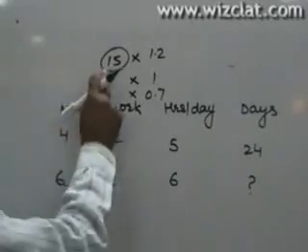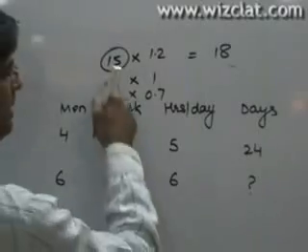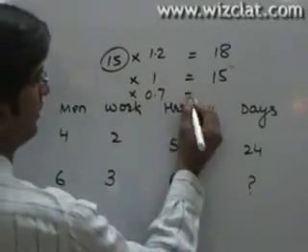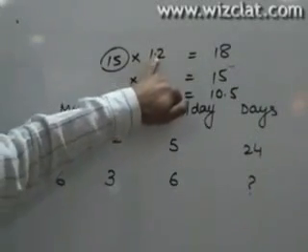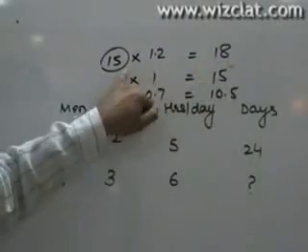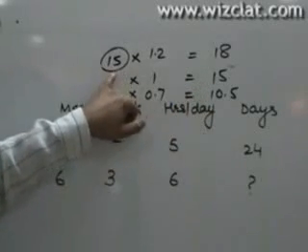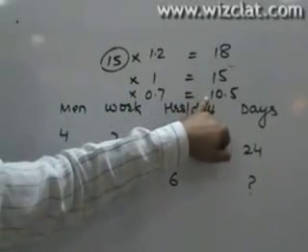Now the moment I multiply 1.2, the answer will become 18. The moment I multiply with 1, the answer will become 15, and 15 into 0.7, the answer will be 10.5. So what I understand, when I multiply 15 with a number which is greater than 1, the value is bound to increase. When I multiply this 15 with 1, the value will remain unchanged. And when I multiply 15 with a number which is lesser than 1, the answer will decrease.